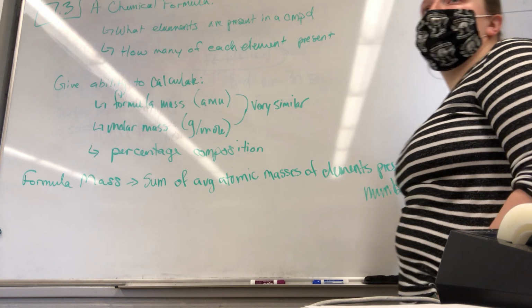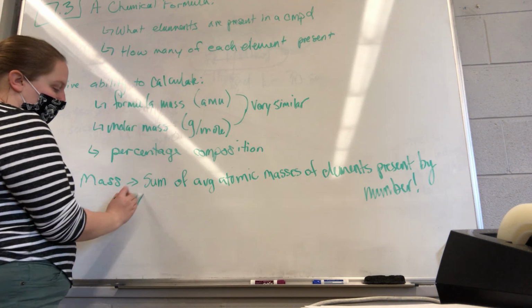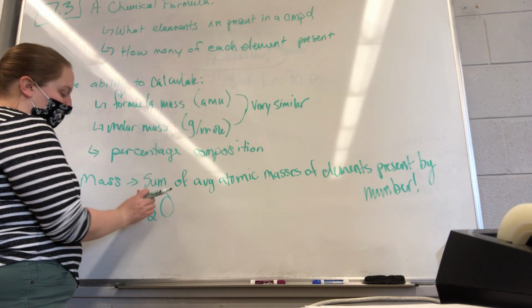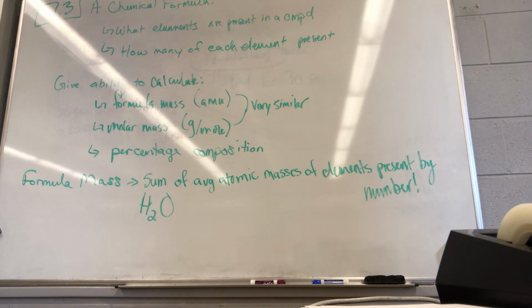So in other words, quantity matters here. Okay? We talk about H2O. The fact that there are two hydrogens in H2O means that when we calculate the formula mass of the compound, we have to multiply the mass of one hydrogen by 2. That's all that means.